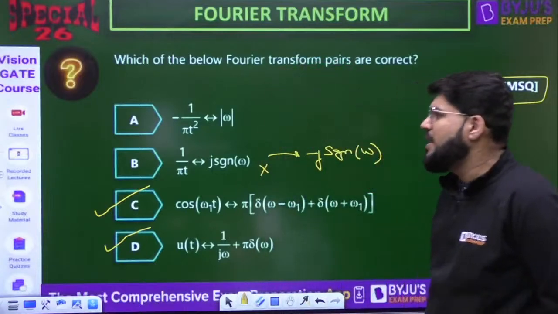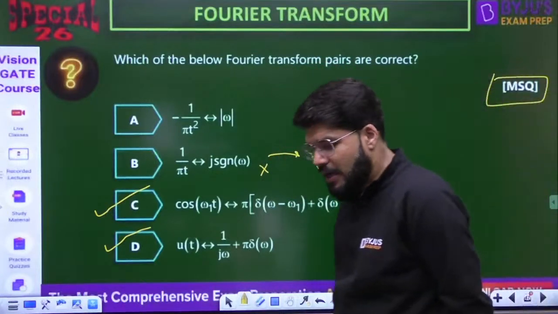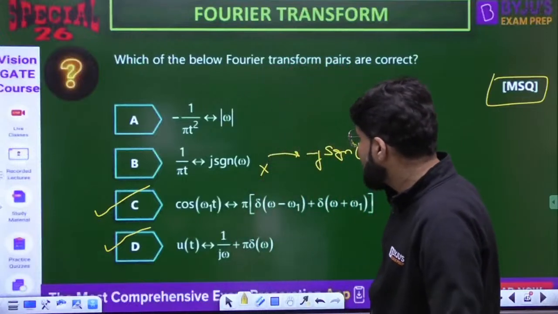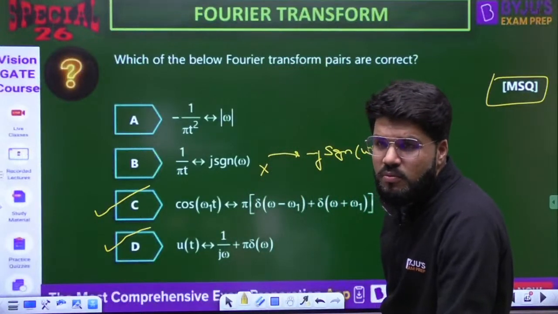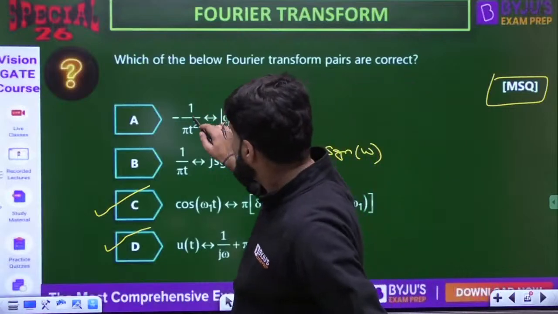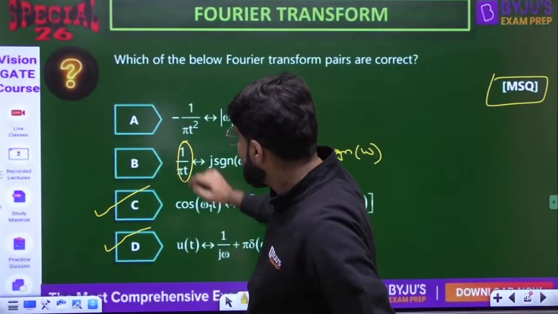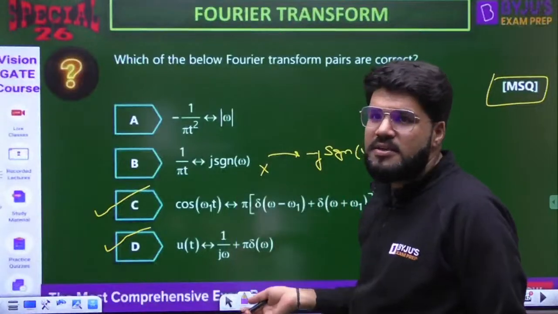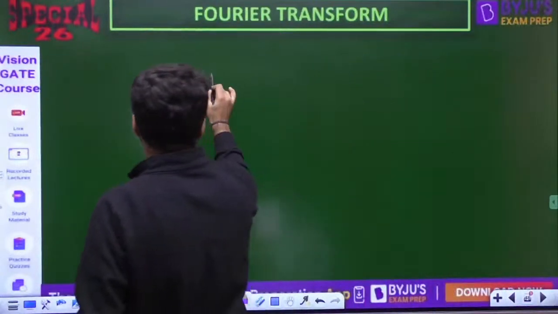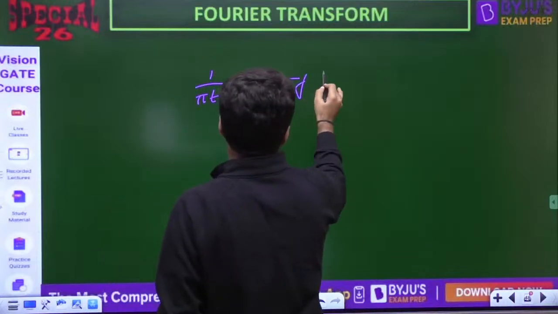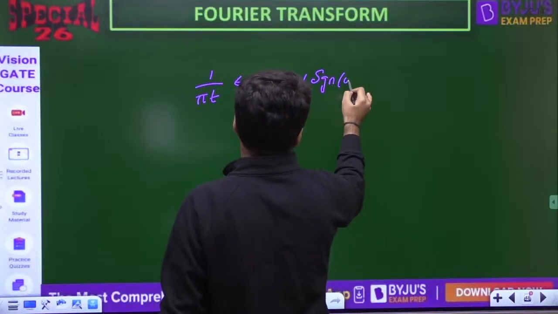Now next, minus 1 by pi t square. C and D are correct, B is not correct. What about A? It is an MSQ, so any number of options can be correct. How can you get minus 1 by t square if you are given 1 by t? Let's solve this. Only this is the thing that you have to solve. The rest are standard results. 1 upon pi t has Fourier transform minus j signum omega.